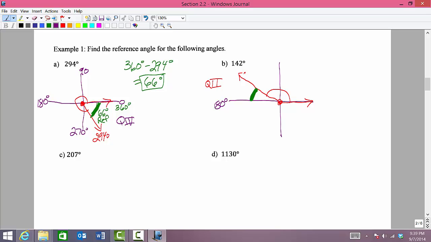So you want to do larger minus smaller. Since this was 142 degrees, it's smaller than 180 degrees. So we will do 180 degrees, take away 142, and that gives us 38 degrees. So our reference angle, that positive distance between the nearest x-axis and the terminal side, would be 38 degrees. So that is my reference angle.